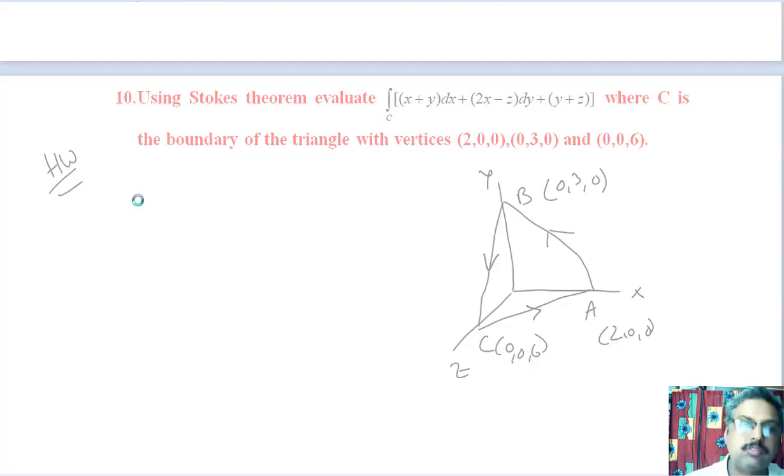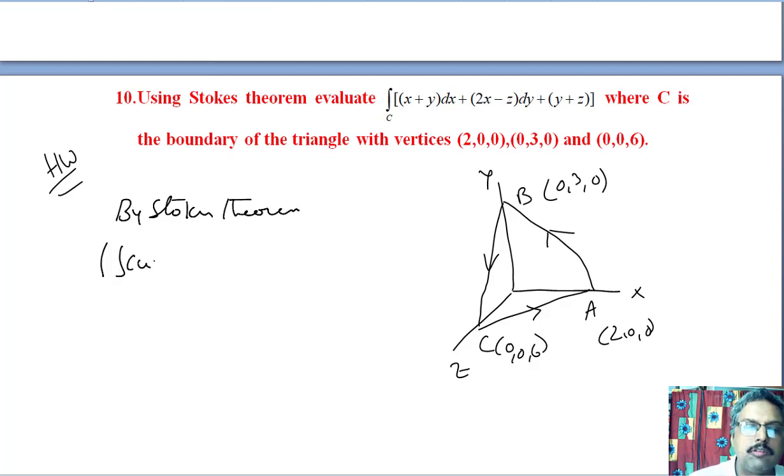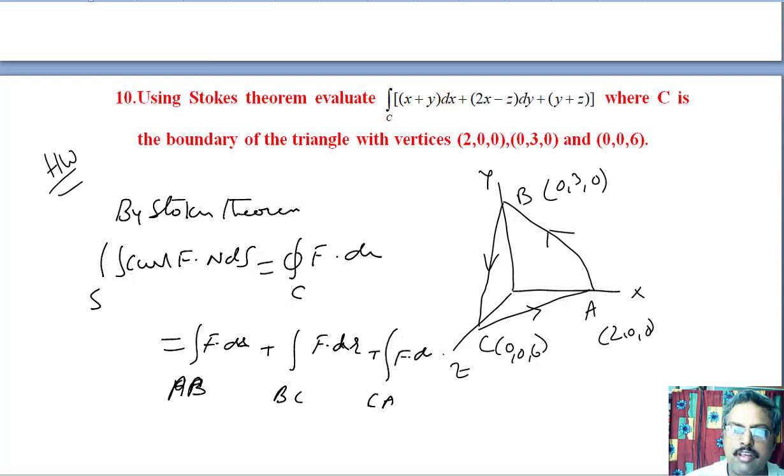By Stokes theorem, the double integral of curl f dot n ds equals the integral of f dot dr over the closed curve C. This is the same as the integral along AB, plus along BC, plus along CA of f dot dr. What is the procedure?